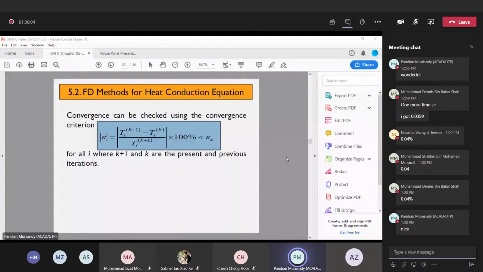Now we want to calculate for temperature 2. Not finished yet. Temperature 2 is T2. So for T2, with K plus 1, temperature 2 is Ti, still Ti, but T subscript 2.